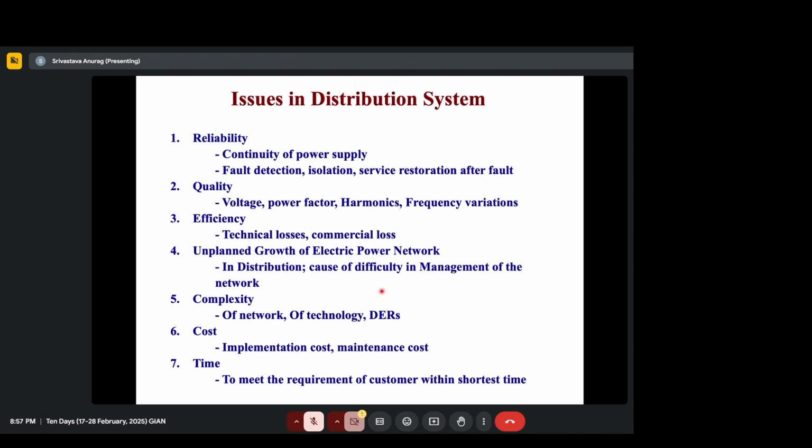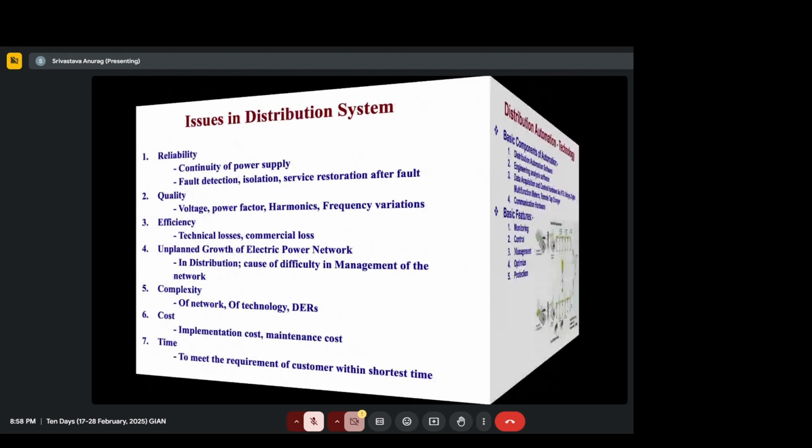And if it's not planned, then it's a problem. Complexity with increasing network, increasing number of electric vehicles, DERs, cyber network, IEDs, the system is becoming more and more complex, which means more components and dependencies. Cost, we need to keep it minimum, and the time to meet the requirement, like restoring, should be as quick as possible.